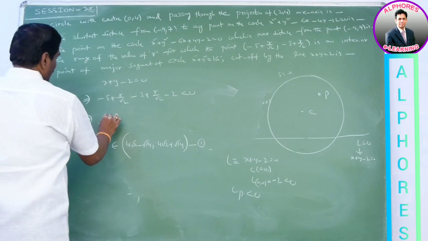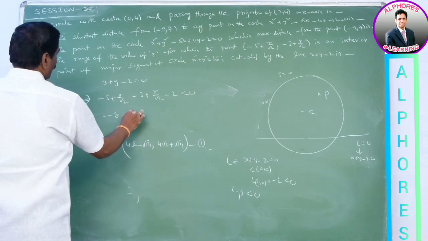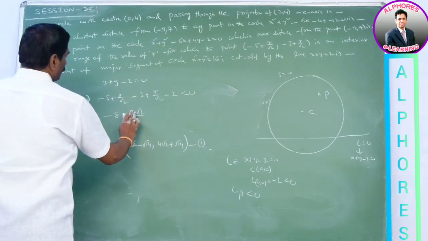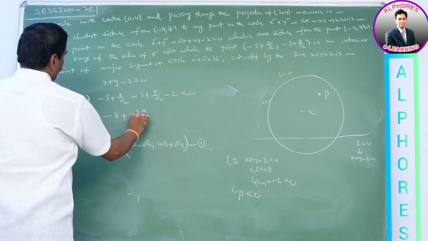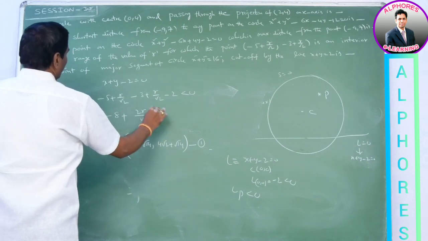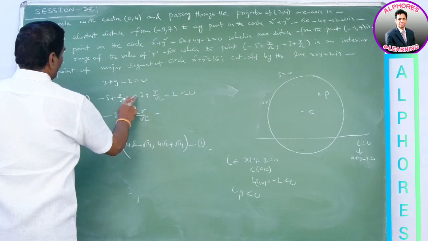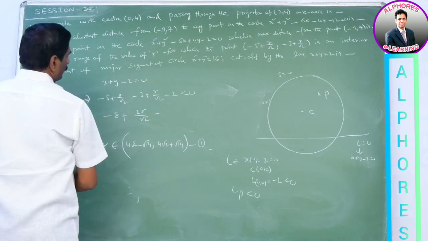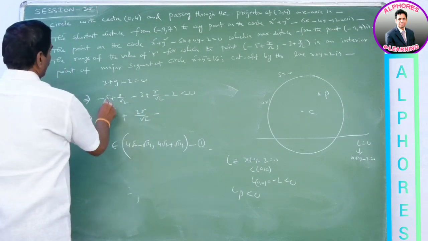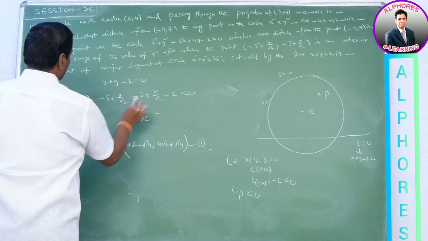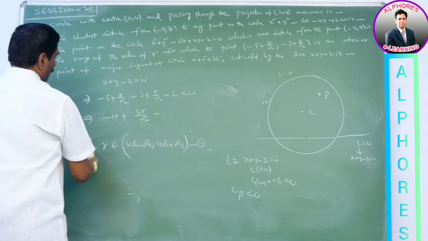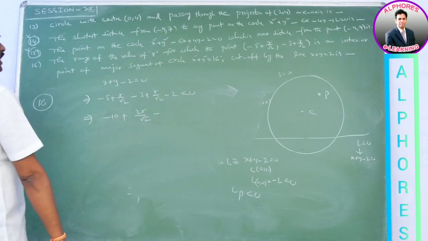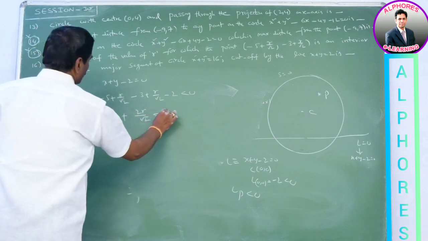That implies minus 5 minus 3 minus 2, that means minus 10, plus 2r by root 2 less than 0.